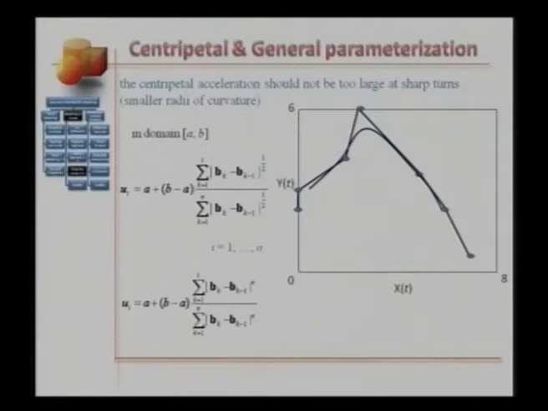Now what I can do is combine the uniform parameterization technique, the chord length, as well as the centripetal techniques into a single expression given by u_i equals a plus (b minus a) times summation k going from 1 to i of the absolute value of b_k minus b_(k-1) raised to some exponent e, over summation k going from 1 to n of the absolute value of b_k minus b_(k-1) raised to e again.